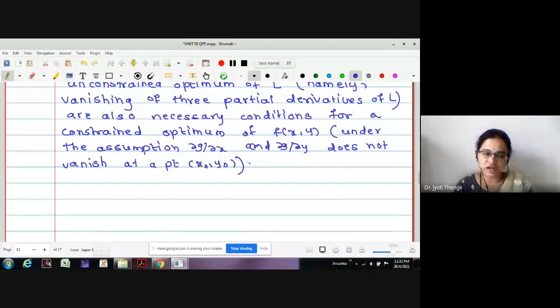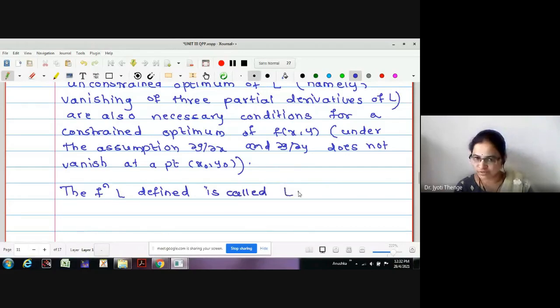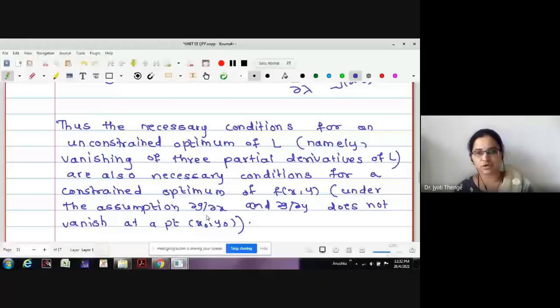Okay, the function L defined is called the Lagrangian multiplier function, subject to the constraint equation g of xy equal to 0. Now, have you understood?